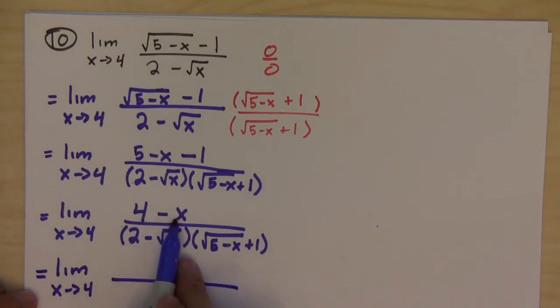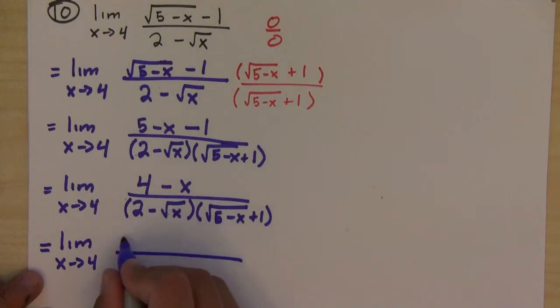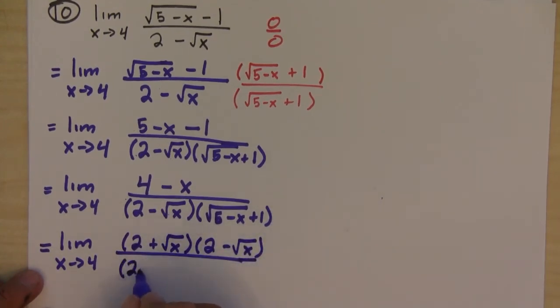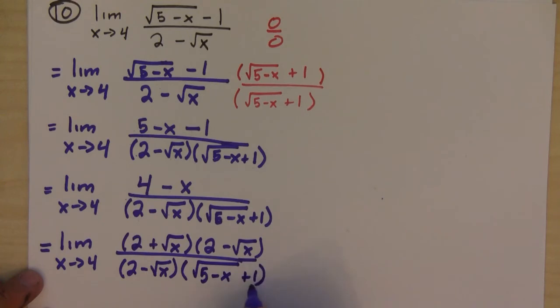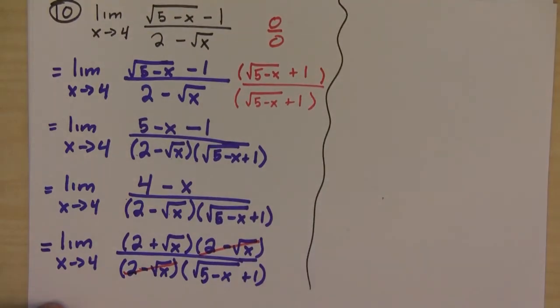So if we factor the numerator as a difference of squares, this would be 2 plus square root of x times 2 minus square root of x. And the denominator would look the same.